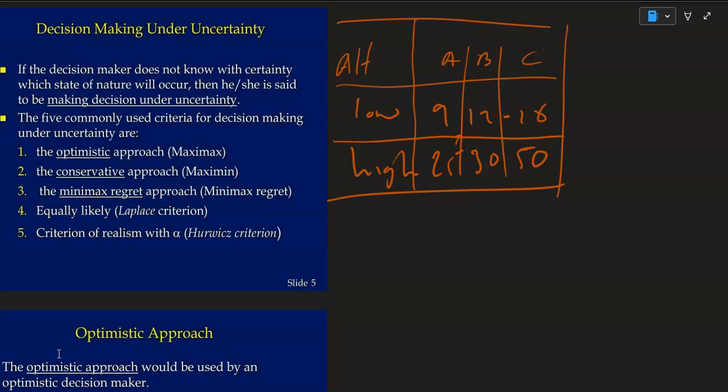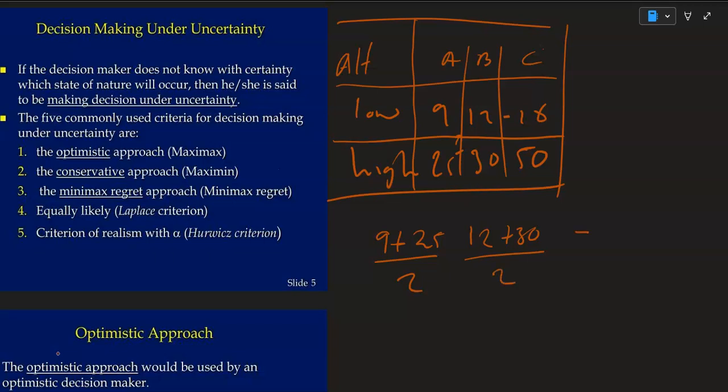We know that average is just the summation divided by the number of elements involved, isn't it? So alternative A involves 9 and 25, so 9 plus 25 divided by 2. While B involves 12 plus 30 divided by 2.